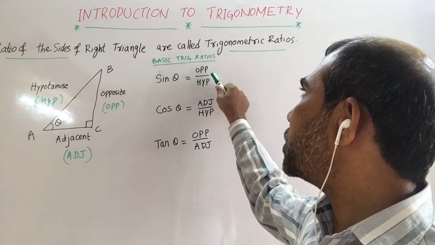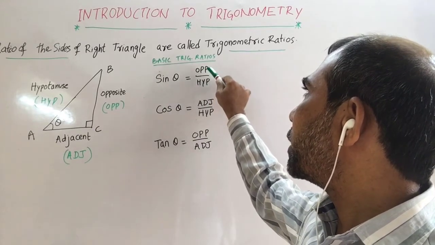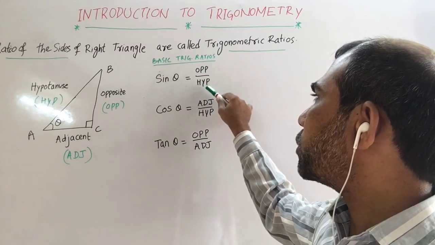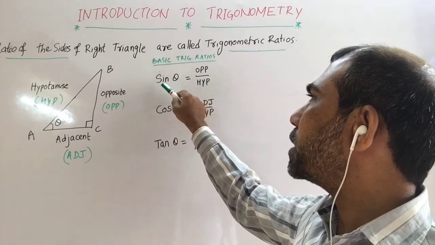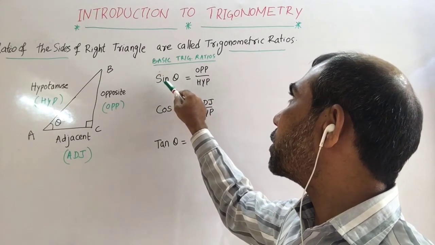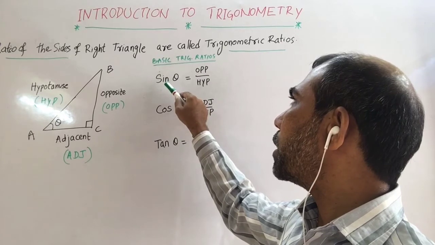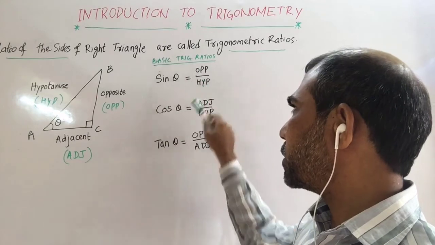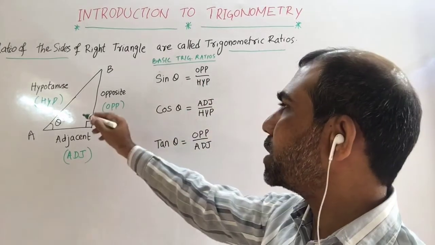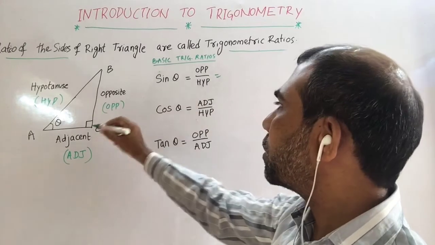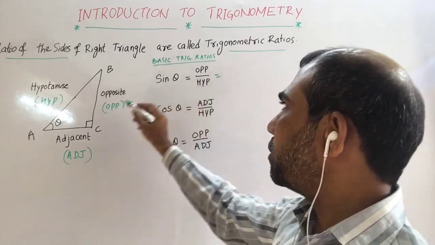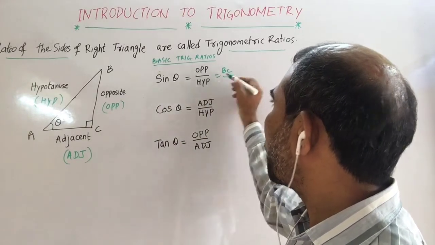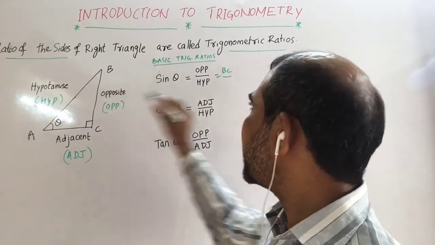The ratio of the side opposite to theta and the hypotenuse gives the basic definition of sine theta. Sine theta is opposite over hypotenuse. In this triangle, sine theta is opposite BC over hypotenuse AB.